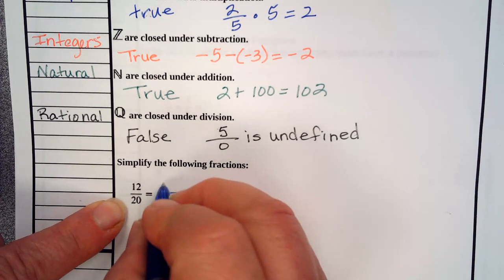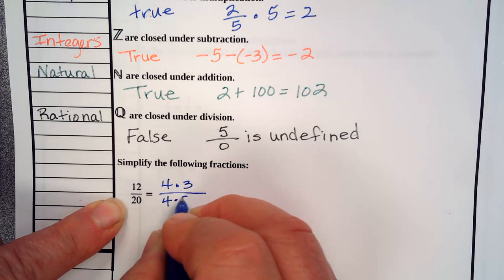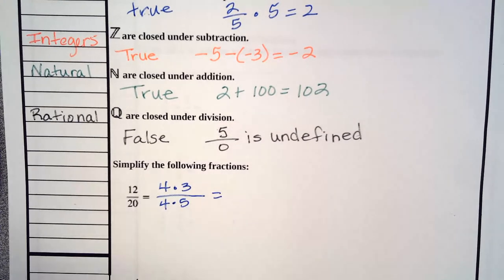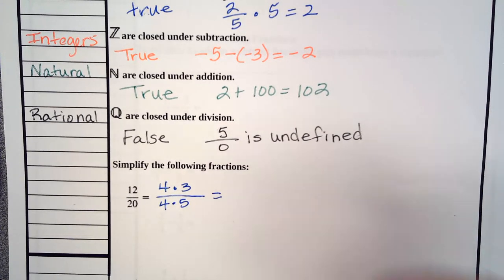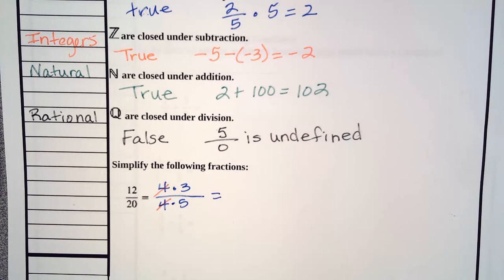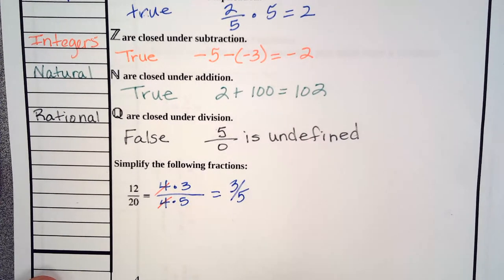Yes, I do. I know that 4 divided by 4 is 1. This is canceled out because multiplying by 1 is our identity property. So I'm left with 3 over 5.